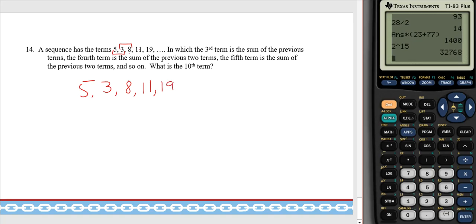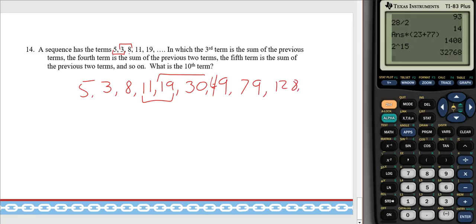And then we know the next term is going to be this 11 plus 19, which is 30. And then 30 plus 19, which is 49. And then 30 plus 49 is 79. And 49 plus 79 is 128, which I believe is the ninth term.